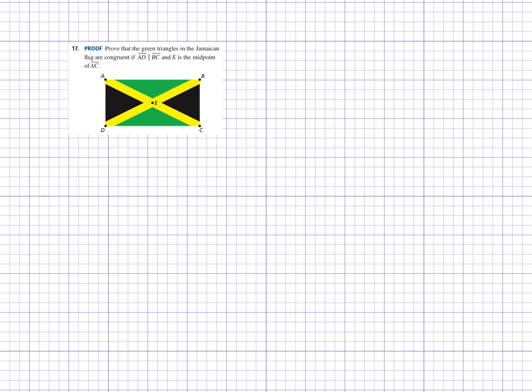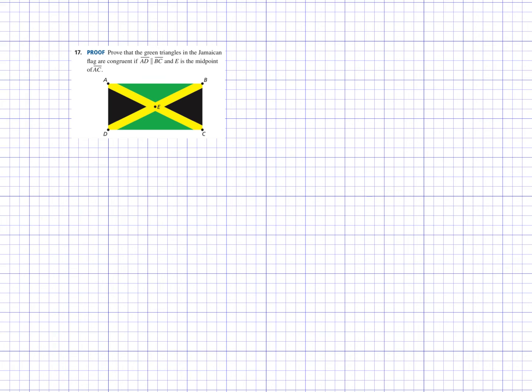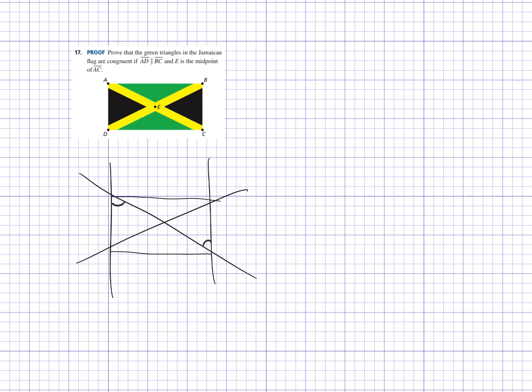Okay, so prove that the green triangles are congruent. So AD is parallel to BC. Okay, so I'm going to draw parallel lines here and cut by transversals. We have these lines here. So that means alternate interior angles are congruent, and the same thing here.